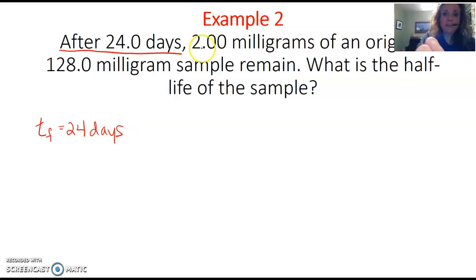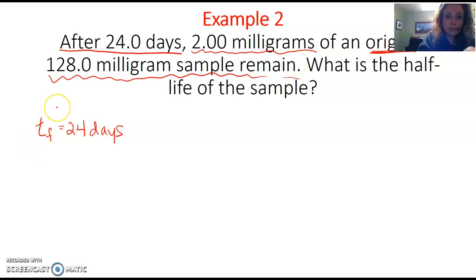And then it says that 2 milligrams of an original 128 milligram sample remain. Well, there's 2 pieces of information there. My initial mass is 128 milligrams, and my final mass is 2 milligrams.